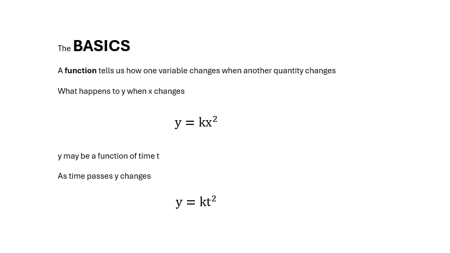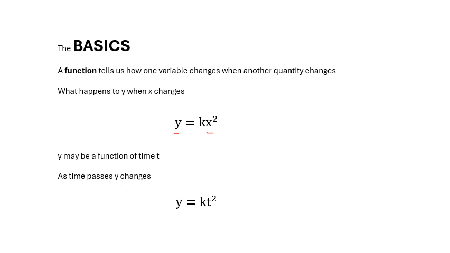Well, a function tells us how one variable changes when another thing changes. So if we look at this, y is a variable, x is another variable. In this particular equation, k is just a constant. And basically when x changes, what happens to y?